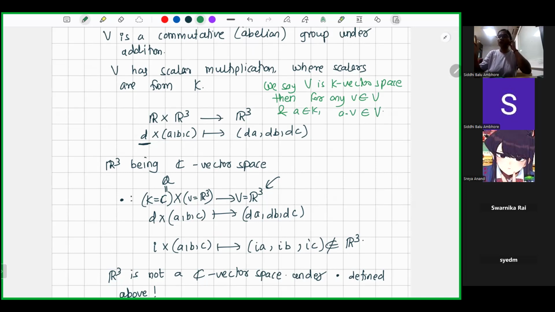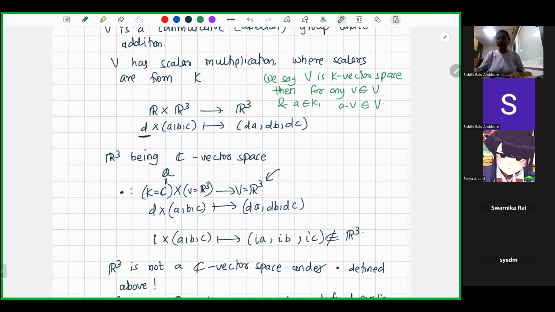This has to make sense. For example, if I take R3 and R, where d is in R and abc is in R3, then da, db, dc are elements of R, and this tuple belongs to my vector space R3.